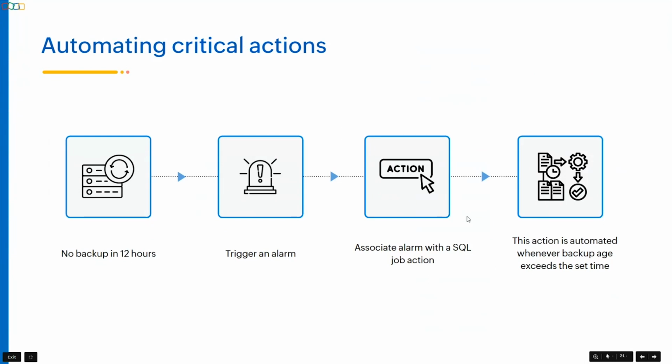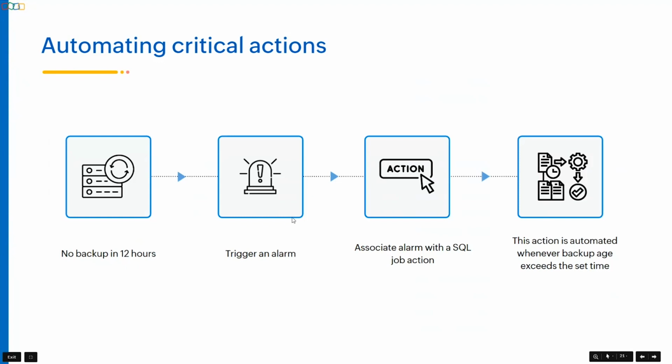So imagine this scenario. Your critical MS SQL server relies on backups every 12 hours to ensure data protection. Unfortunately, due to an unforeseen circumstance or an issue, the backup process fails silently, leaving your data vulnerable for the past 24 hours. So manually sifting through logs and alerts to identify such missed backups can be time-consuming and error-prone.